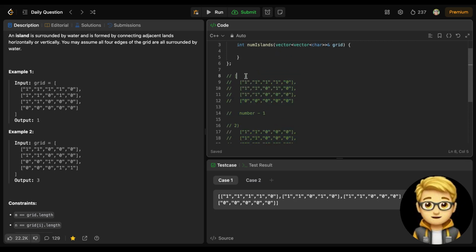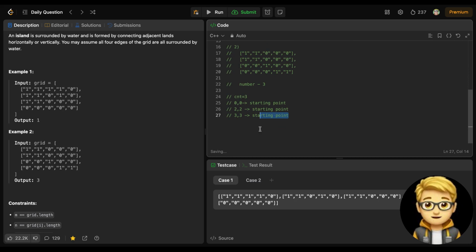But how will it go? We can use a recursion approach, just as we used in the previous LeetCode POTD. So we can use recursion for that.